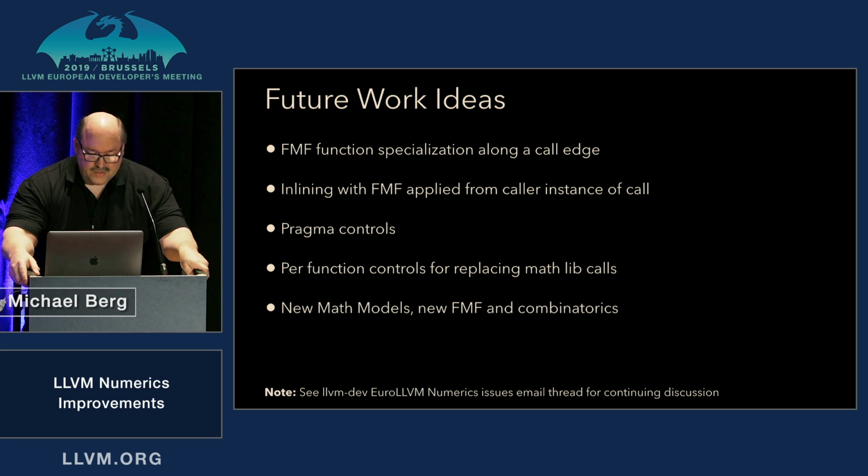So you can do these ideas of specializations in either context. And per function control replacement is really a kind of a permute replacement control methodology as well, where you can replace library controls and maybe have a set of canned versions that are FMF mapped and replace those with it. So you can have a lot of new flavors of things to do. And you can create some new math models, or we can add, like currently we're considering adding a flush to zero flag to FMF and maybe do some new combinatorics to things.